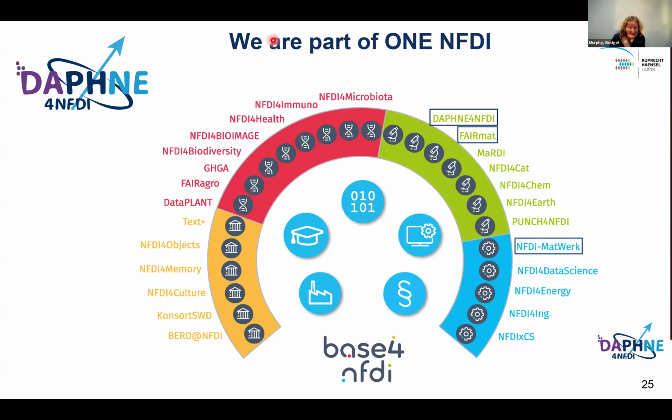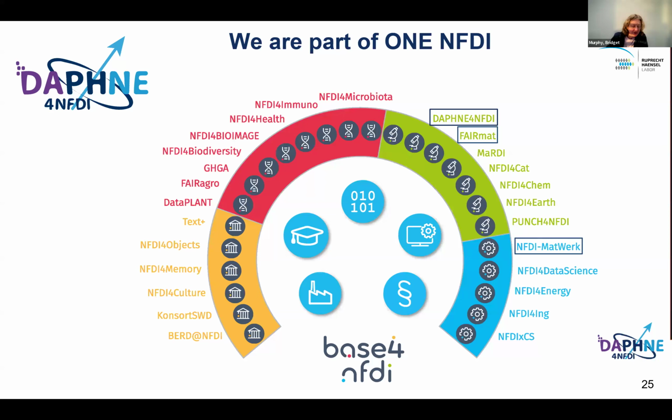This is actually funded over all different aspects of science, health, physical science, and engineering. So Daphne is here on the engineering side with our colleagues from FAIRMAT, who you may know are running this Nomad catalog.